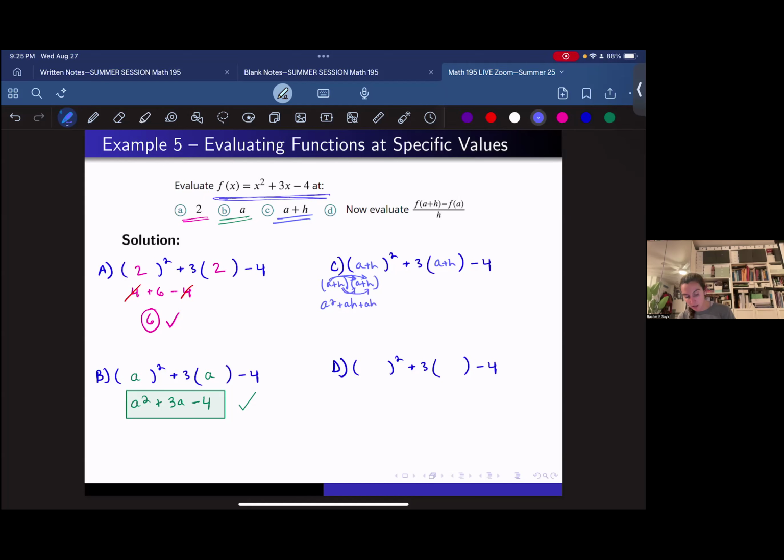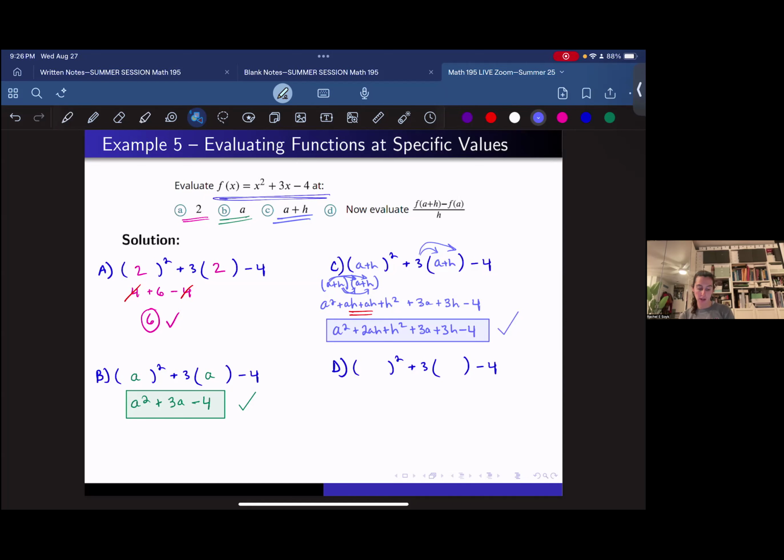And then H times H gives you H squared. We'll use distributive property distributing the 3 as well, so we get a plus 3A plus 3H minus 4. And we can combine these two like terms. And so when we do, we get A squared plus 2AH plus H squared plus 3A plus 3H minus 4. There are no other like terms to be combined, so we are done.